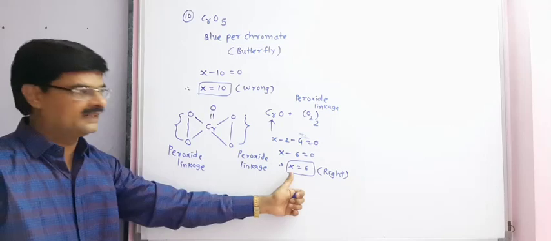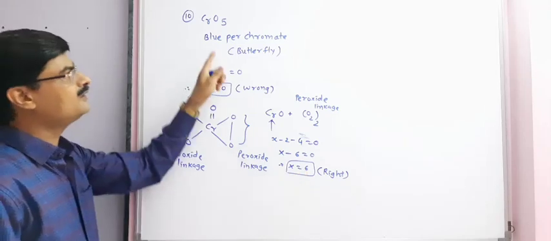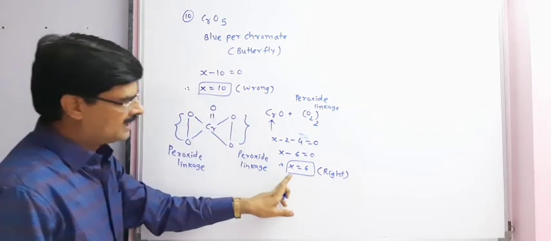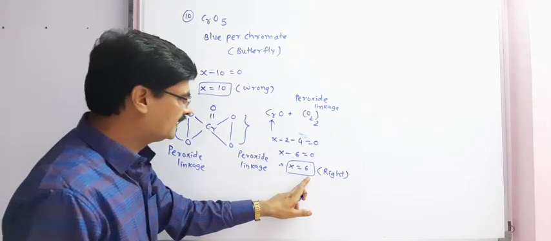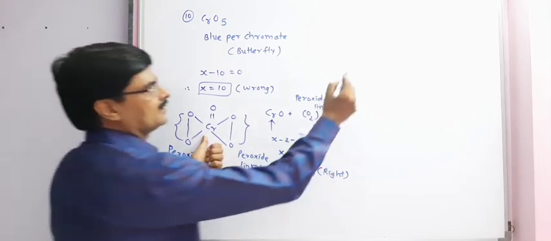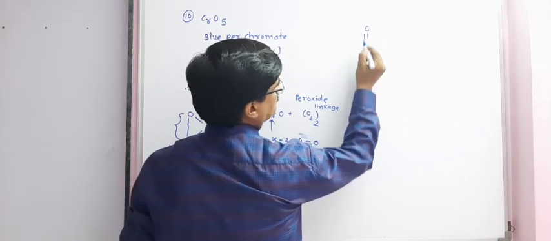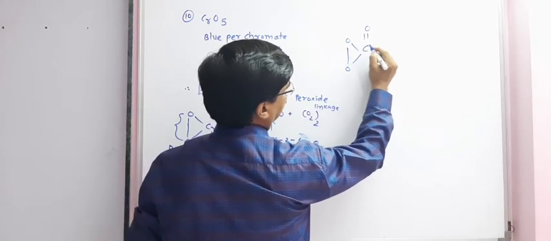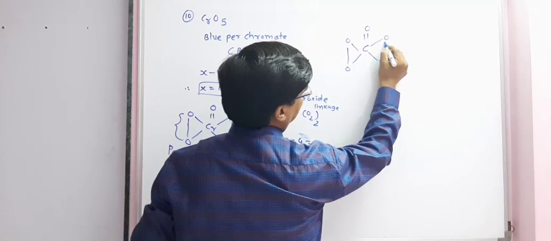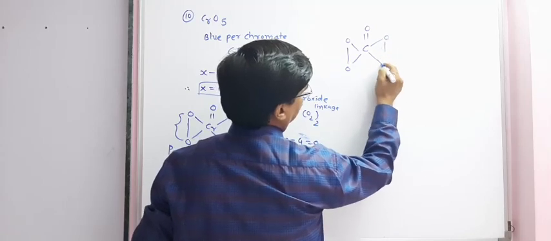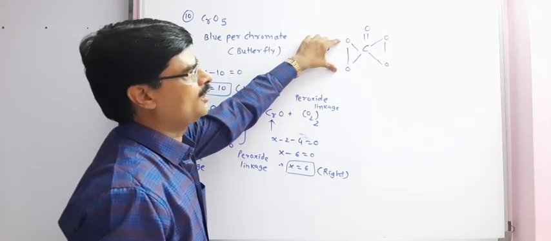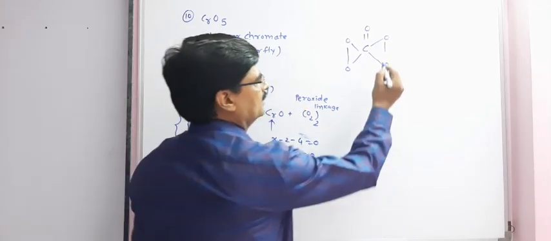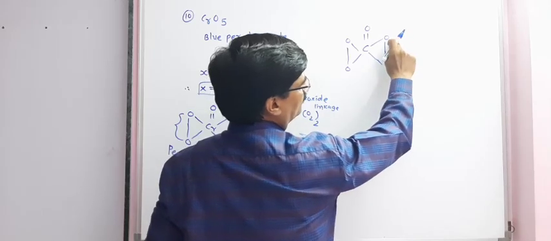So this is the right answer, X is equal to 6. In the case of CrO5, the oxidation state 10 is wrong, but the right one is X is equal to 6. By using this structure, this is a peroxy linkage. So minus 1 here, here also minus 1, here also minus 1 and here also minus 1.